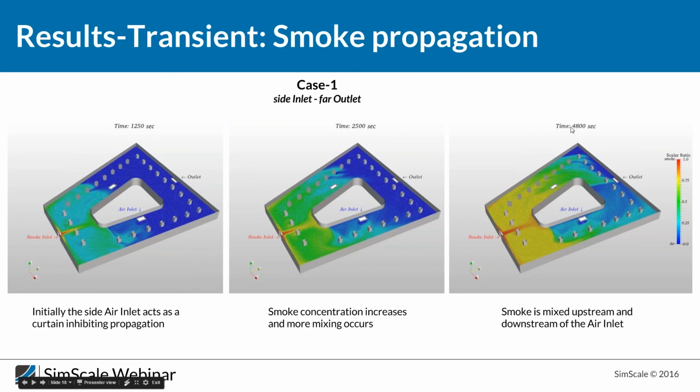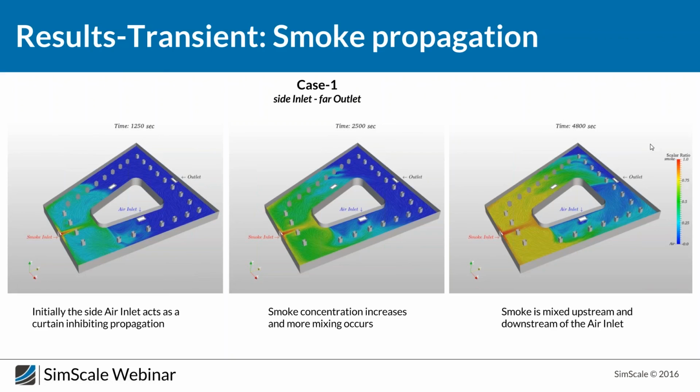And finally, after 4,800 seconds, which would be an hour and 15 minutes, we clearly see that in most parts of our domain, we have a rather high concentration of smoke. Maybe at some corners we still have clean air, but essentially all of our domain now has a rather high concentration of smoke.